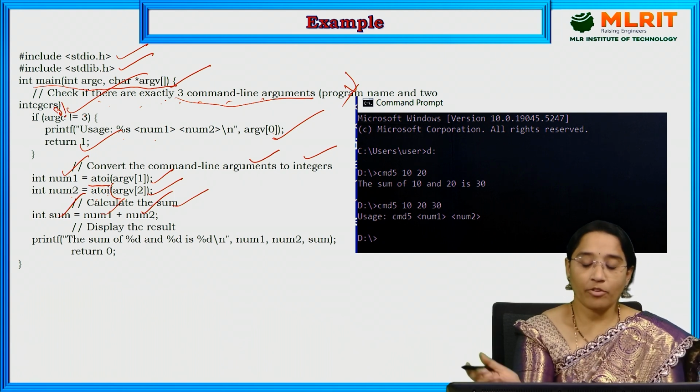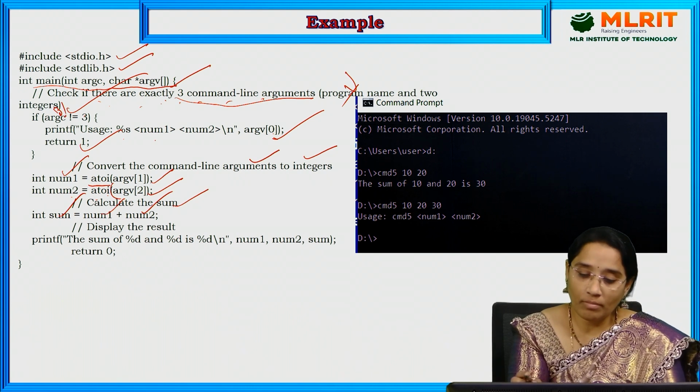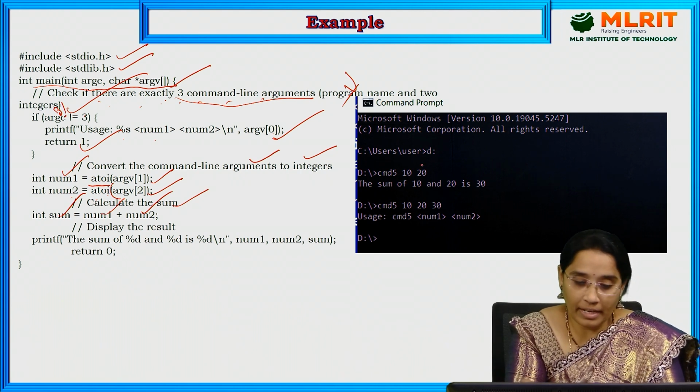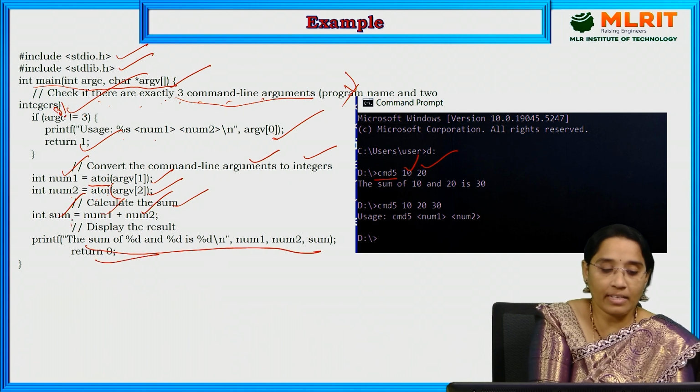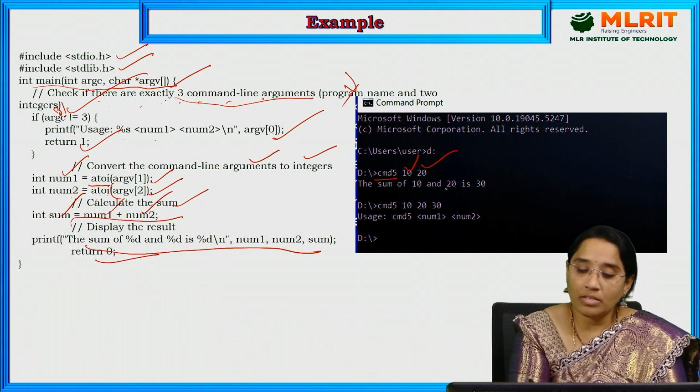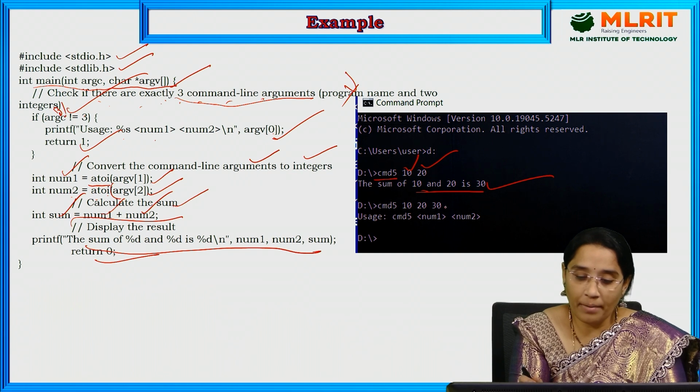If you look at the input, cmd5 is the name of the file and the two integer values we have entered are 10 and 20. The sum of 10 and 20 is 30. The same you will print here.